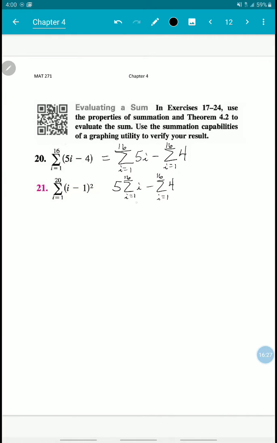So then both of these pieces will have a formula. The formula for the sum of i from 1 to n is n times n plus 1 over 2. So our n is 16. So 16 times 16 plus 1 over 2. And then the formula for this guy would be 4 times n.